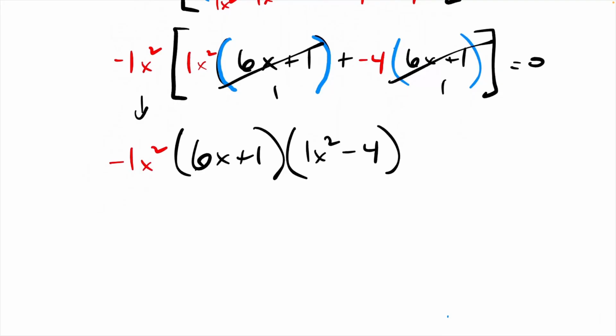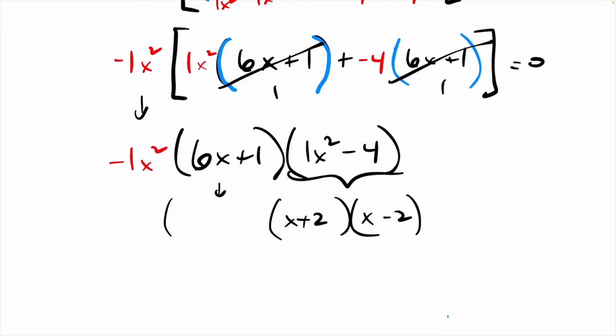Difference of squares. Is there any difference of squares? Yes, there is here, right? It's 1x plus 2, 1x minus 2. Everything else comes down. No more difference of squares.